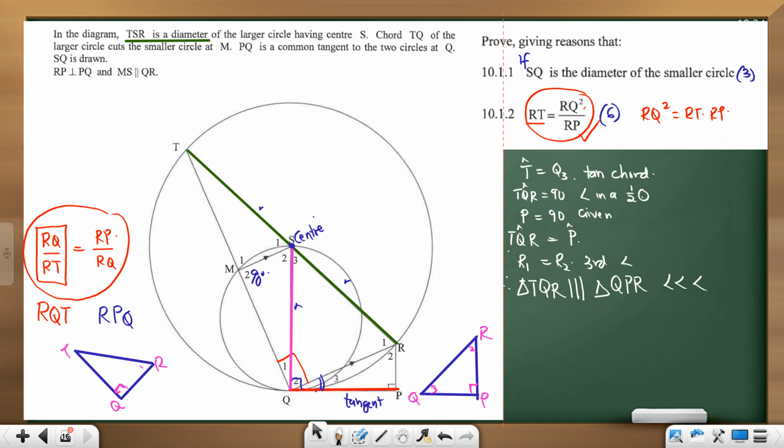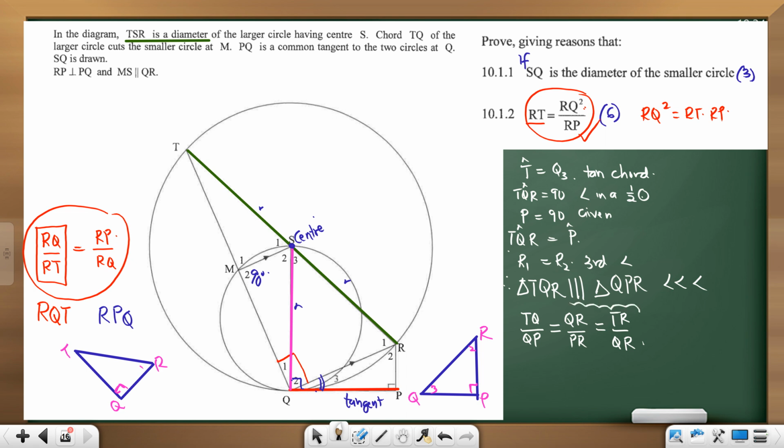Come, let's get those 6 marks. TQ over QP is equal to QR over PR, which is TR over QR. Remember what I want. I wanted to get RQ.